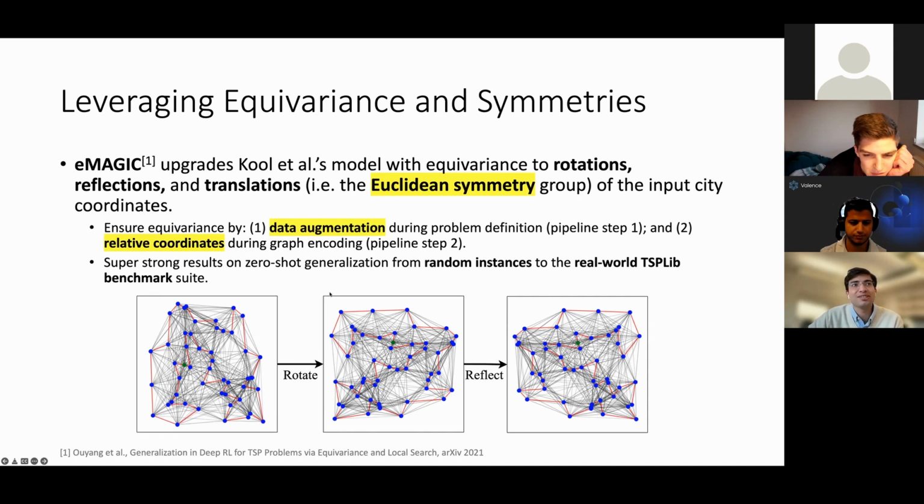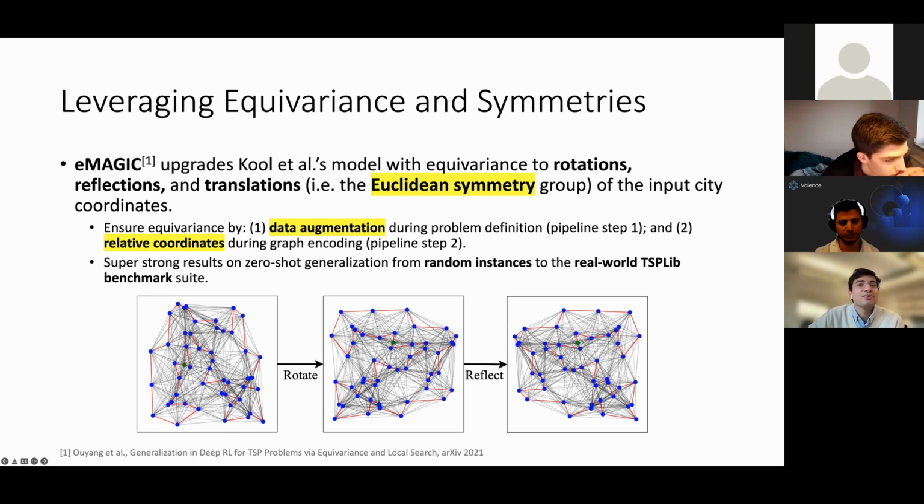And what they show is that they get some really strong results when they train on some random TSP instances and generalize to real world instances from TSPLIB, which is a benchmark of these TSPs in cities like Berlin or Paris, or other cities around the world. Essentially these are real maps and you're trying to do routing in them.